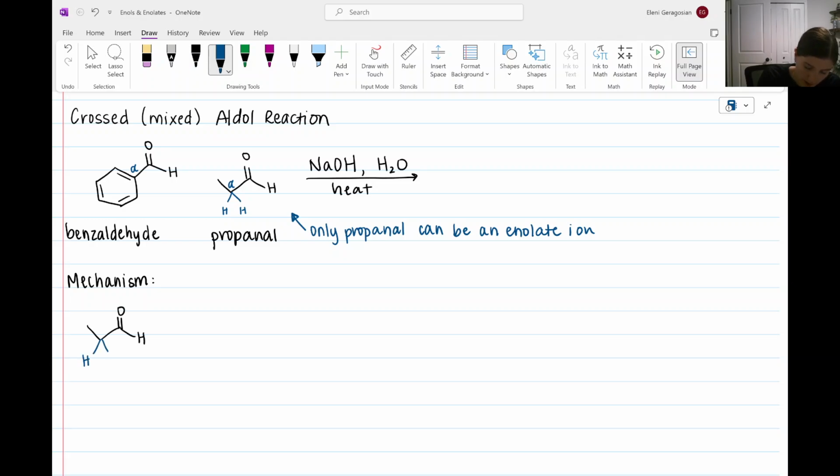I'll draw both alpha hydrogens coming off of the alpha carbon. We have hydroxide as the base. So electrons from oxygen will take a hydrogen and we form that enolate ion.